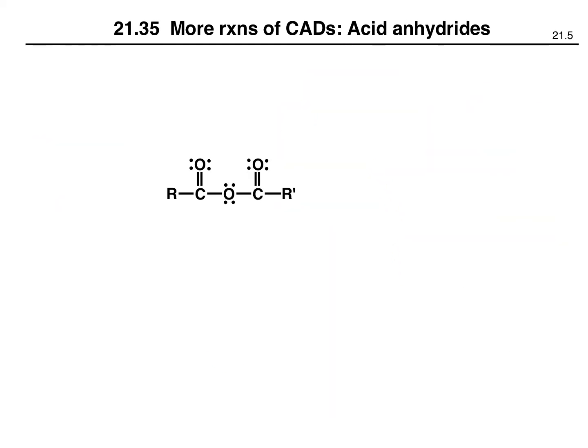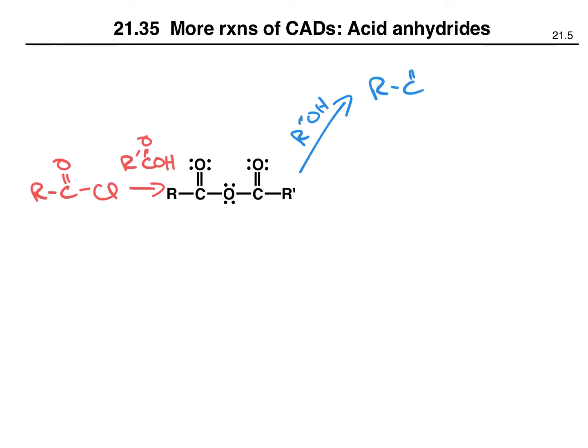Next, let's consider anhydrides. So these can be made from acid chlorides or acid bromides by treatment with a carboxylic acid. That's the only way that we're going to focus on for preparing anhydrides. Now, what reactions can they undergo? This can be treated with an alcohol, and that will give us an ester.